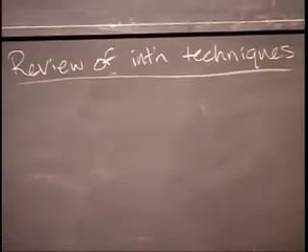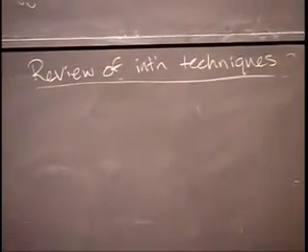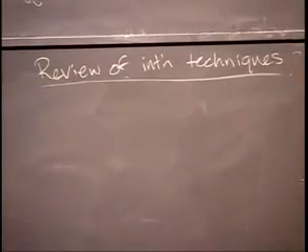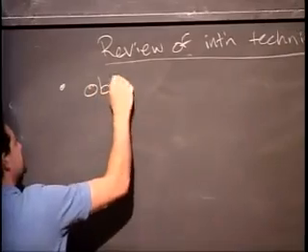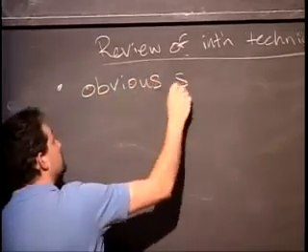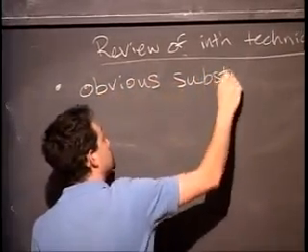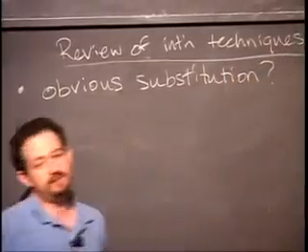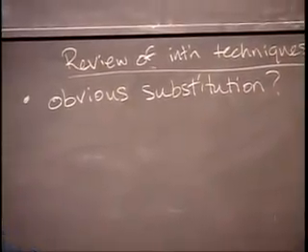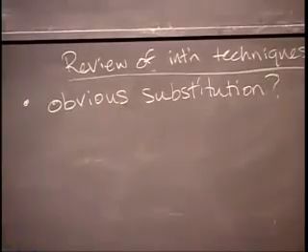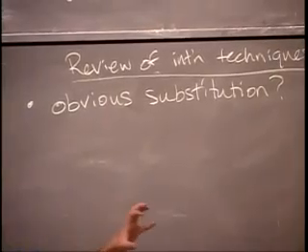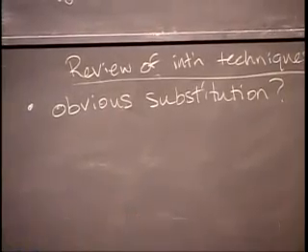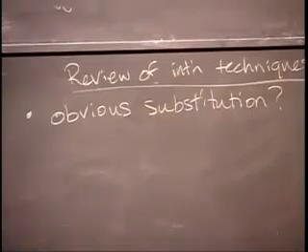So, whenever I look at an integral, first thing I say is, is there an obvious substitution? And by that, I really mean, is there a nasty function of something, but its derivative is just floating there? Can I just do a substitution that is easily going to reduce the integral?